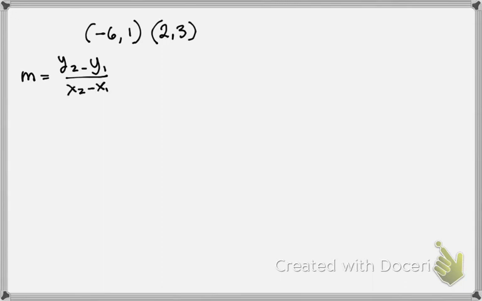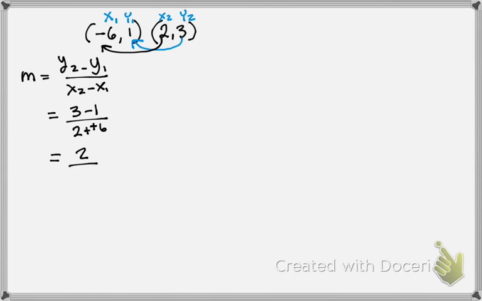Now I'm going to just remind you, this is x1, y1, x2, y2, and so we're basically subtracting that, 3 minus 1, and now 2 minus negative 6, and that simplifies to 3 minus 1 is 2, and this is over 8.